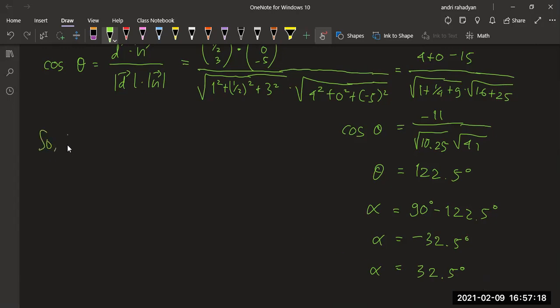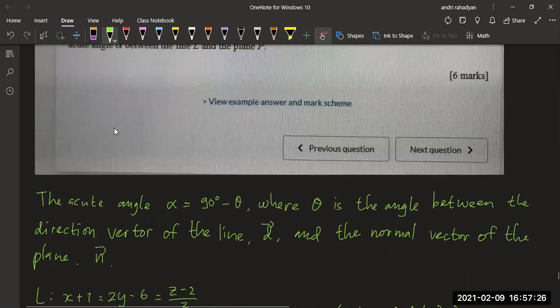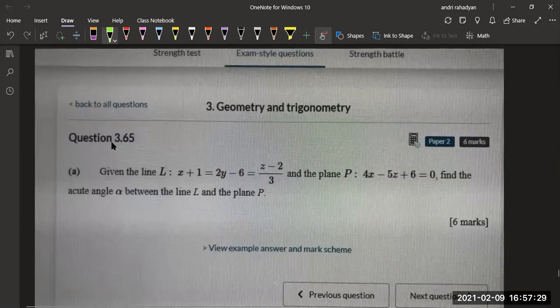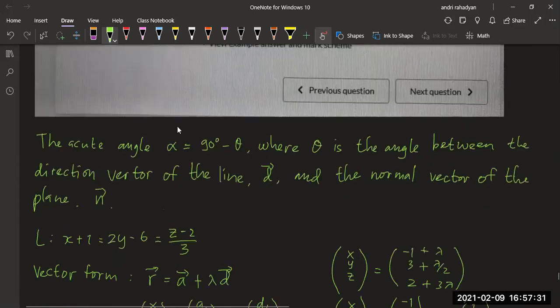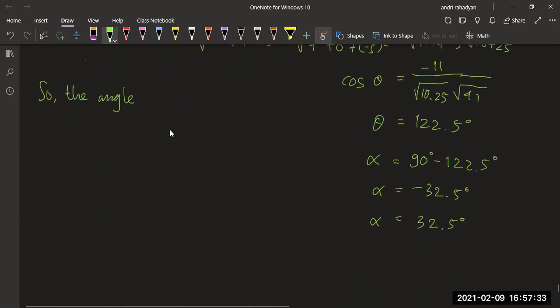So what is the acute angle alpha between the line L and the plane P?